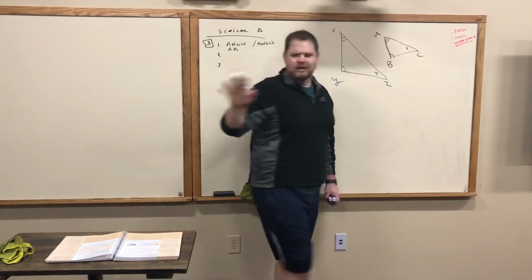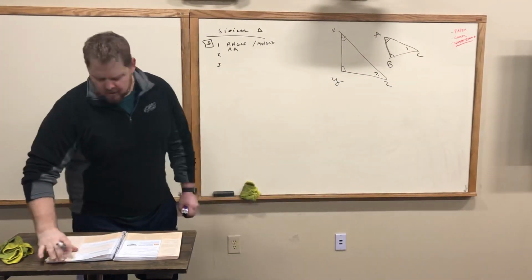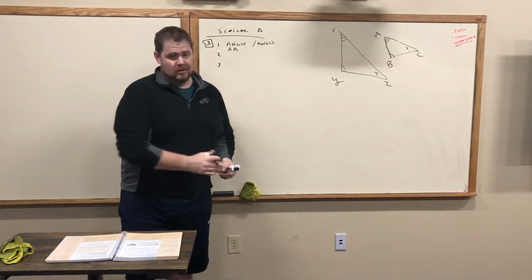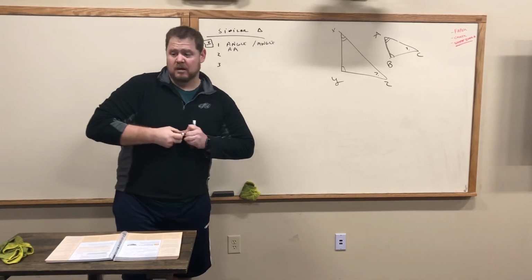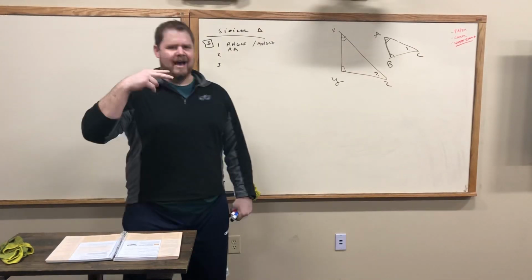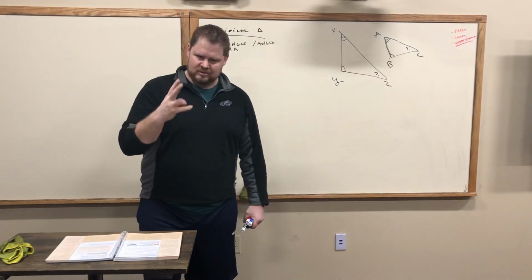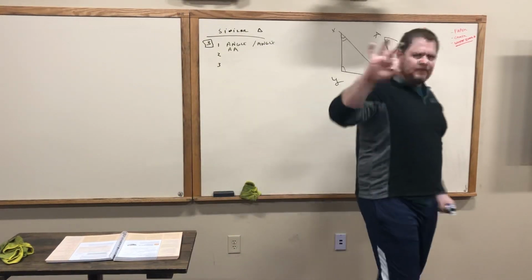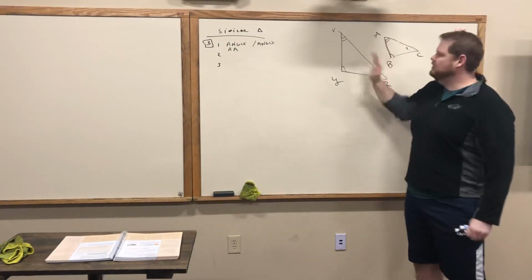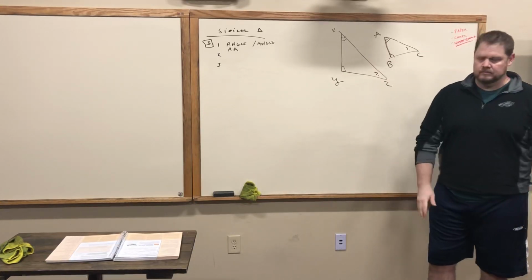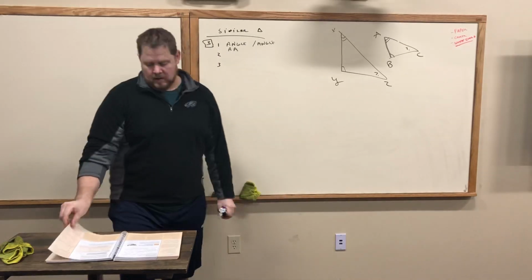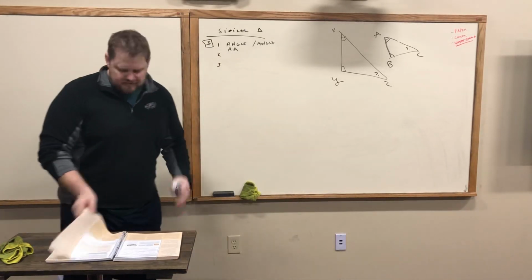Sarah, what do we know about that third angle? Because we studied triangles, and in studying triangles, we learned what, Sarah? Yeah, we learned that if two angles are congruent, then the third is congruent. So therefore, we know these two shapes are going to be exactly equal. So if we have two angles being congruent, then the third we know is congruent as well. So that's the first one.